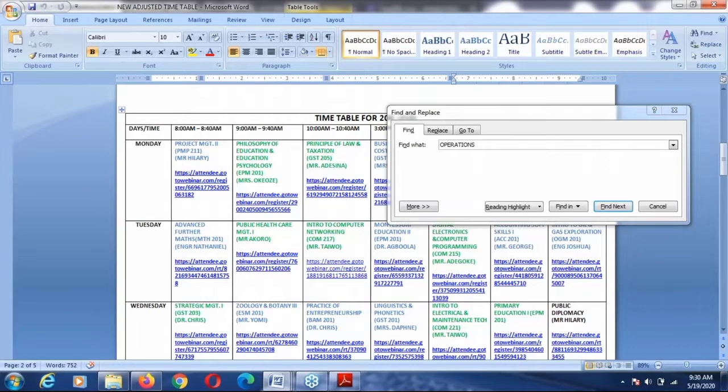That is operation management in healthcare.